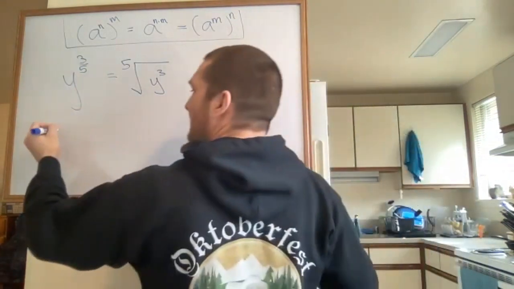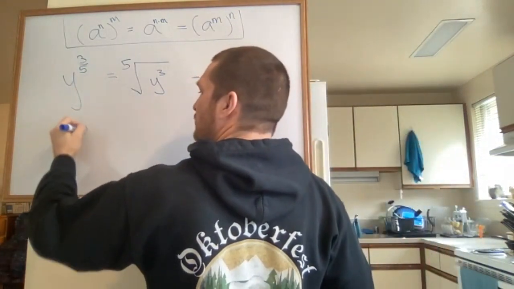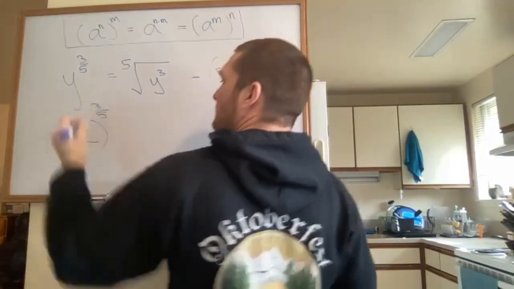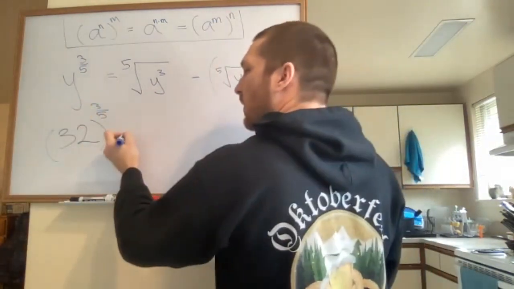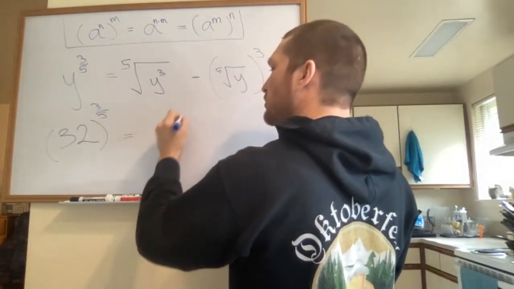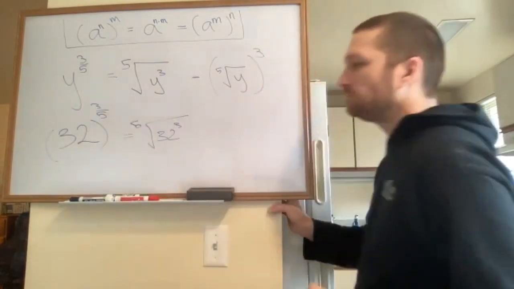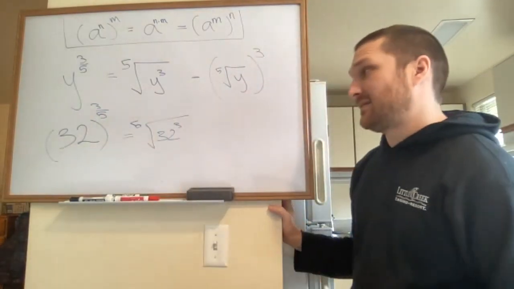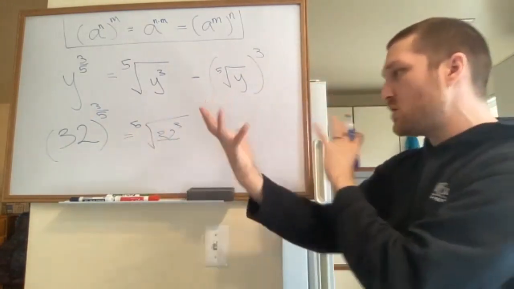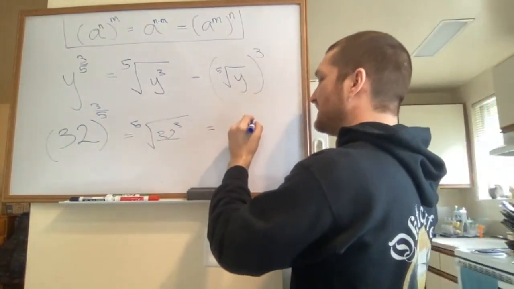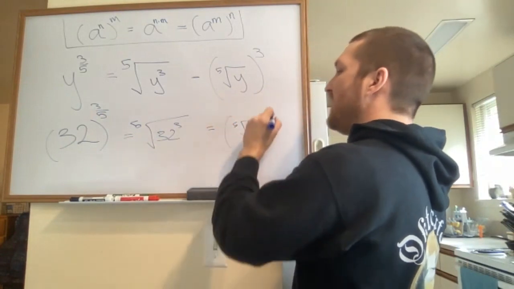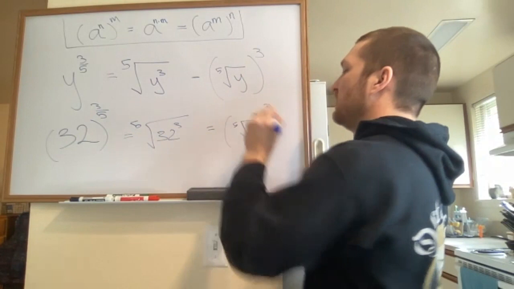So for instance, if it were 32 raised to the 3/5, I could look at this 2 different ways. I could say, well, either we could go 32 cubed and then take a 5th root. Yikes, that looks terrible. Or I could flip the order. We could say that's the same thing as the 5th root of 32, then raised to the 3rd.